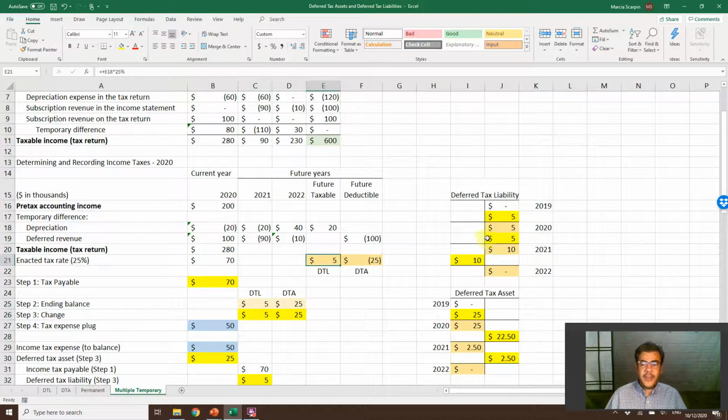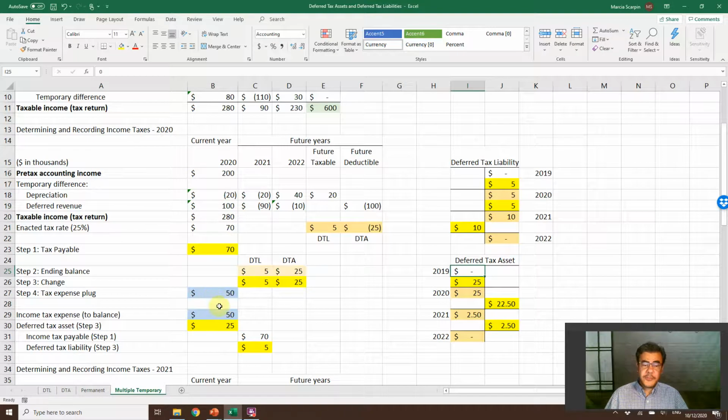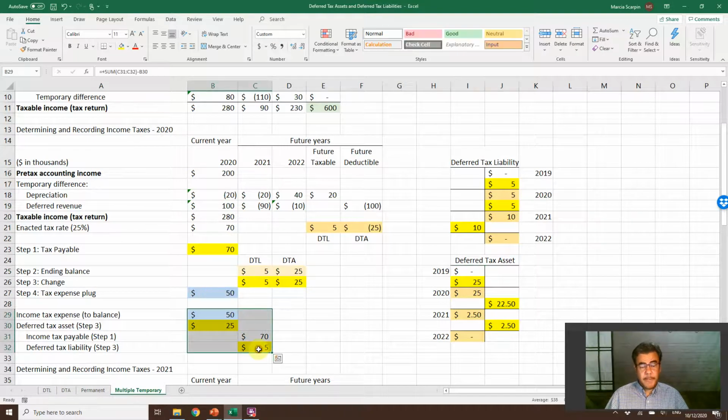Deferred tax liability, 5, our ending balance. So the change, ending balance less beginning balance, positive 5. Deferred tax asset, the same, 25, our ending balance, 0, beginning balance, change is 25. Tax expense plug, easiest way, based on journal entries. So what do we do here?